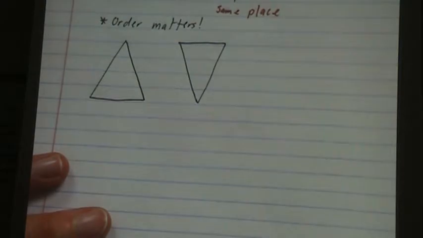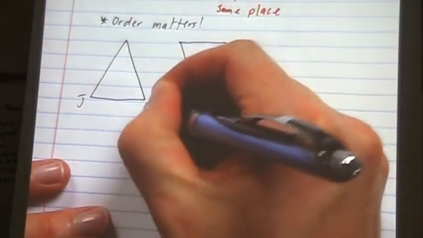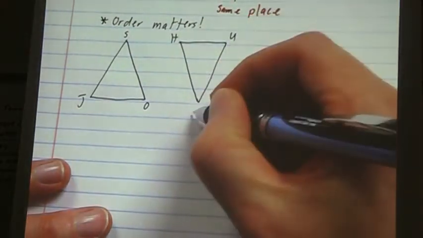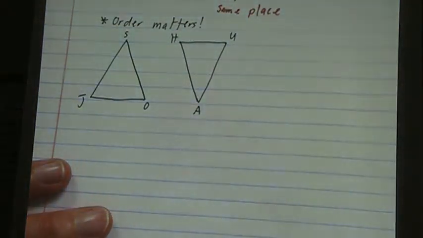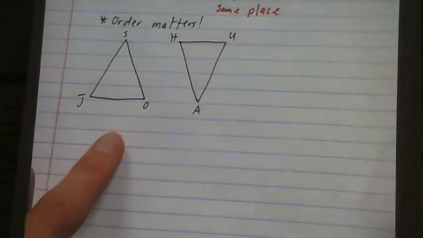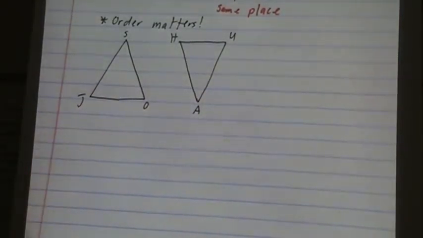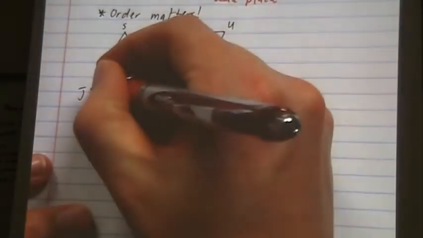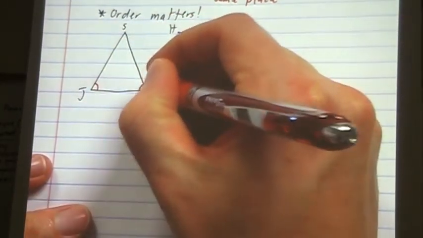Right here, I don't quite have enough information to make a congruent statement. I need some information that tells me these might be in the same spots. You can do that with angles or sides. So for example, if the angles were labeled, it might be like this.